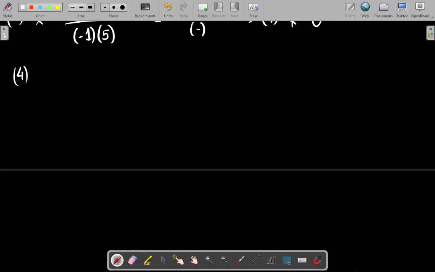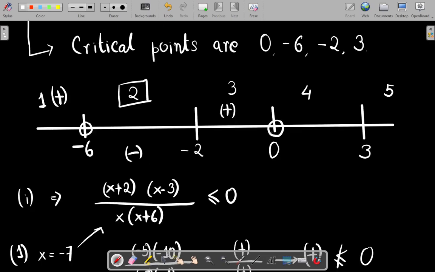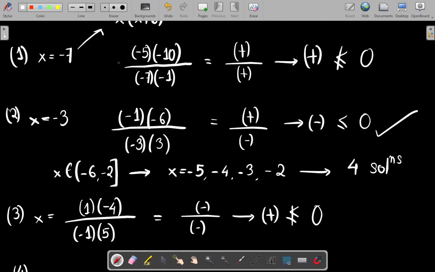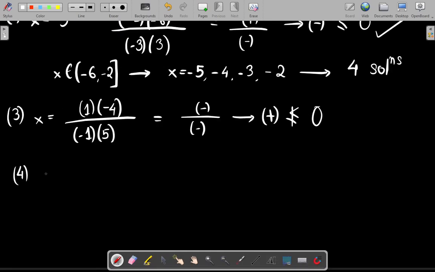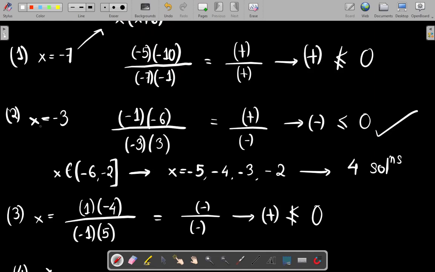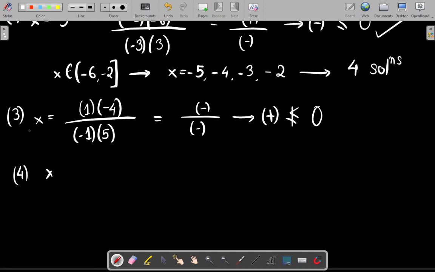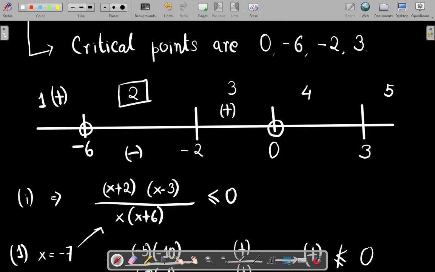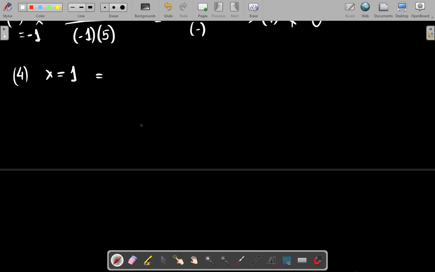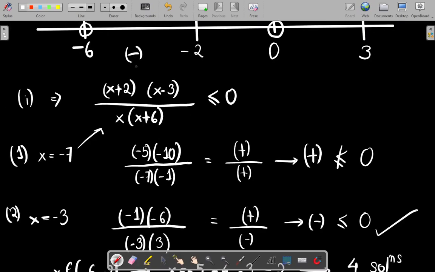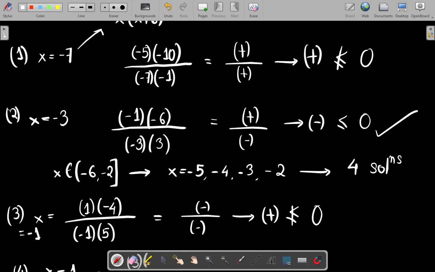For the fourth region, this is from 0 to 3, where 0 is excluded. If I take the value 1, x equal to 1, whereas in the third region I took x equal to minus 1, I will get 1 plus 2 is 3, and 1 minus 3 will be minus 2.